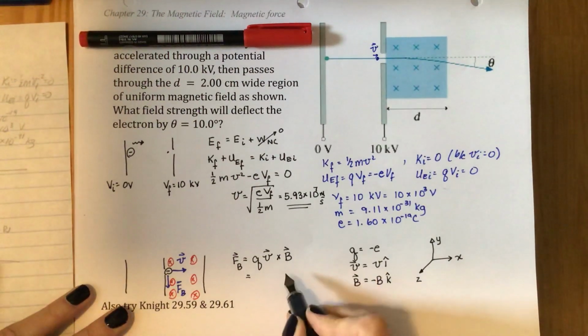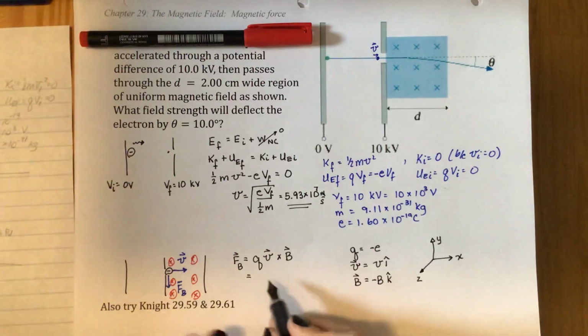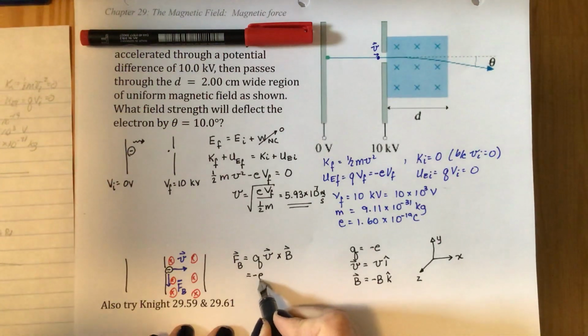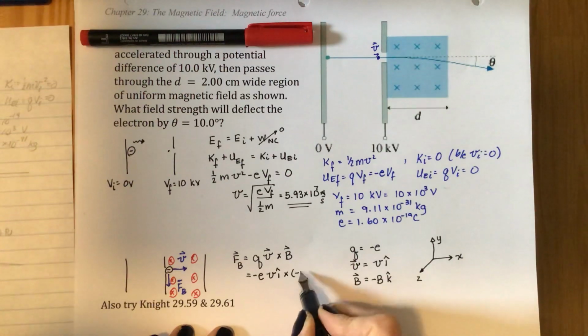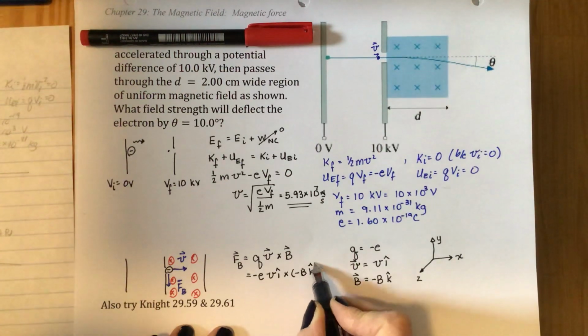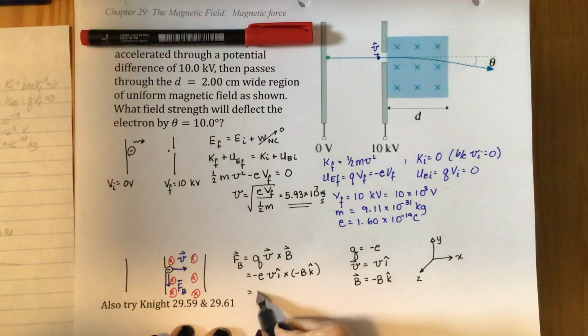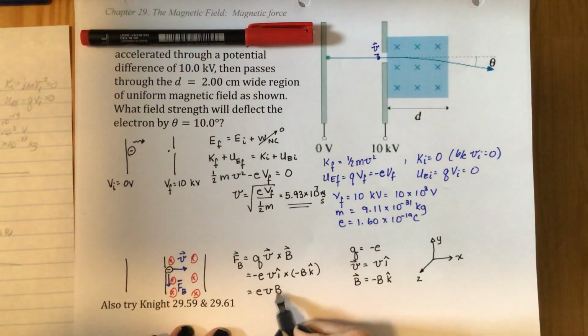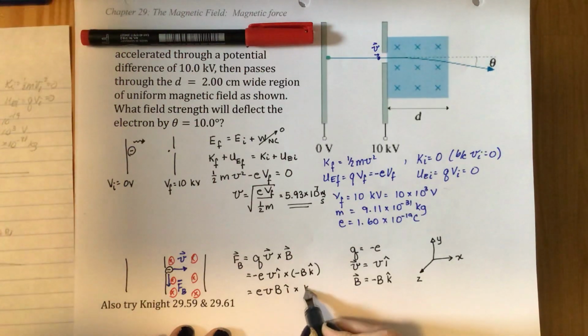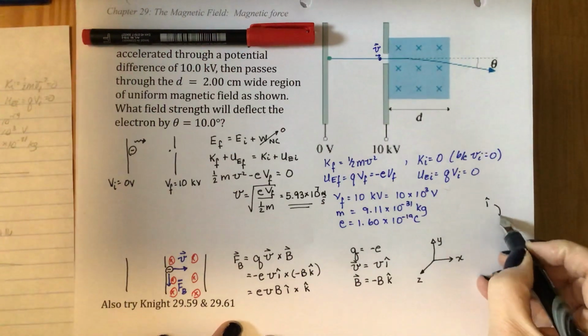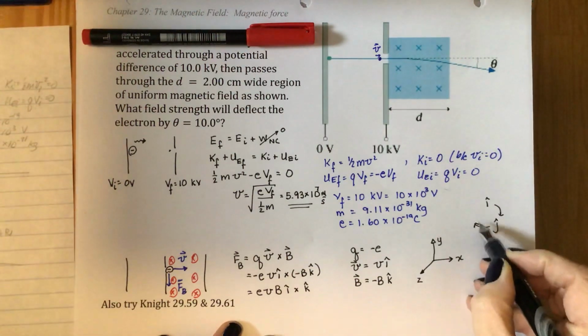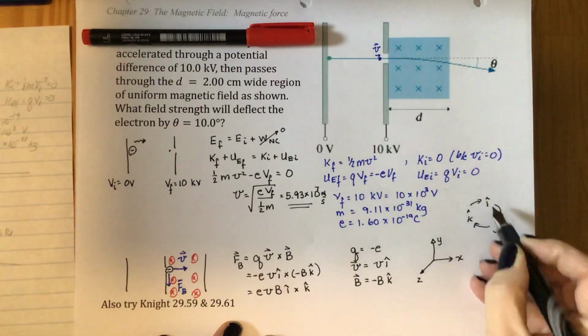So we've got minus e times v i hat crossed with minus B k hat. Minus and minus gives us plus evB, i cross k. We ask, what is i cross k? You may remember, or you may use a little mnemonic to help you remember. i cross k goes the opposite way around the circle, gives us minus j.